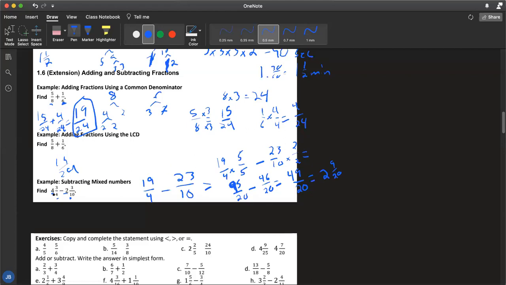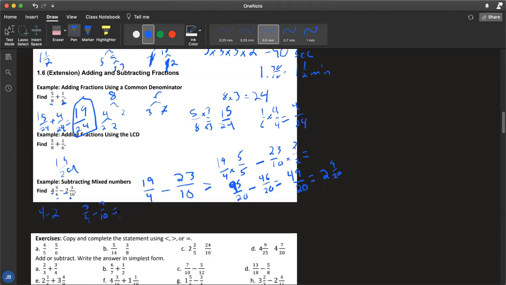That's when we take our numbers and turn them both into fractions. The other way we can do it is we can pull it out. So we can do 4 minus 2 over here, and then have 3/4 minus 3/10, right? And so we do the same. We multiply this first one by 5 and the second one by 2.